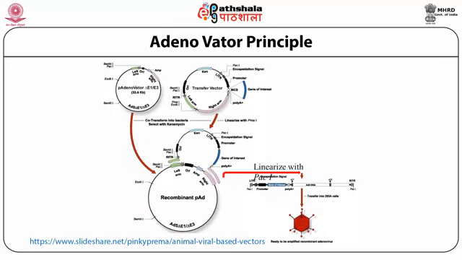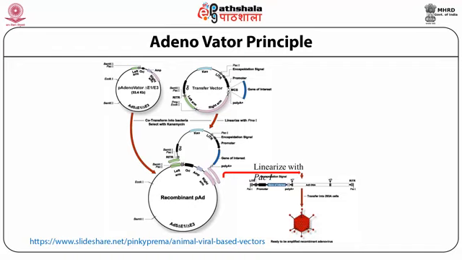So this is the pictorial depiction of the construction of the vector from adenoviruses. We can have a cloning vector and we can have transfer vectors or expression vectors. As in the figure, we have the replication sites, the multiple cloning sites, and the RE sites which can be cut and the gene of interest can be introduced.